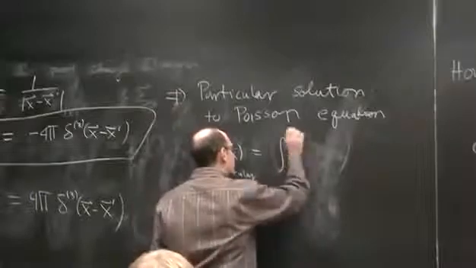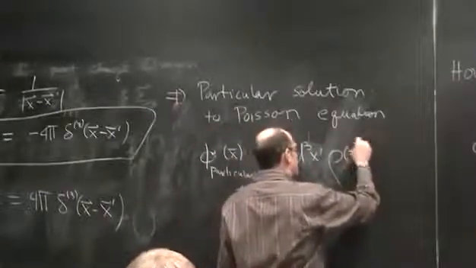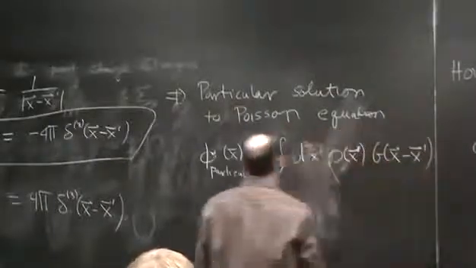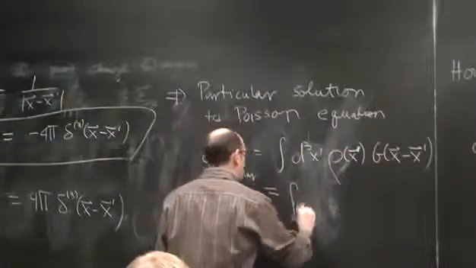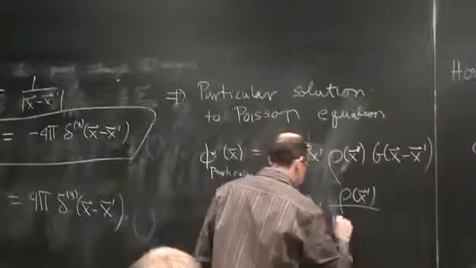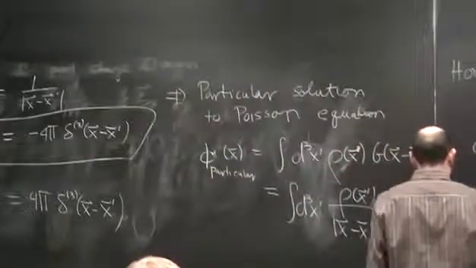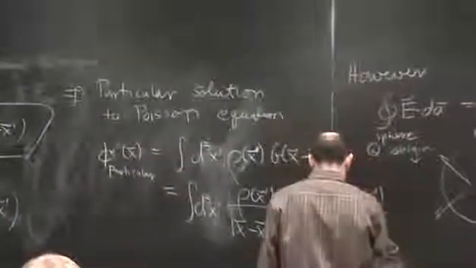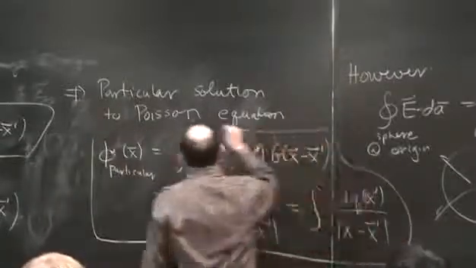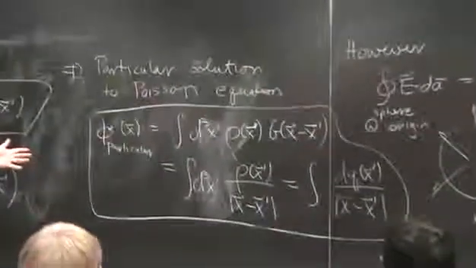We said we must integrate over all space, weighting the Green's function by the source at the position of the source, which is thus equal to the integral of rho of x prime over the magnitude of x minus x prime, or the integral of dq at x prime over the same, which of course, if I take the gradient of this, I get Coulomb's law.